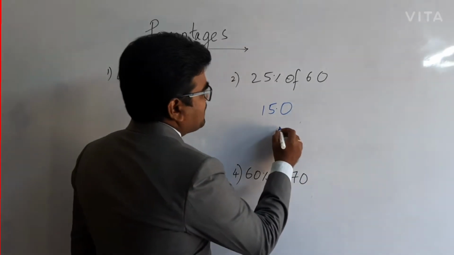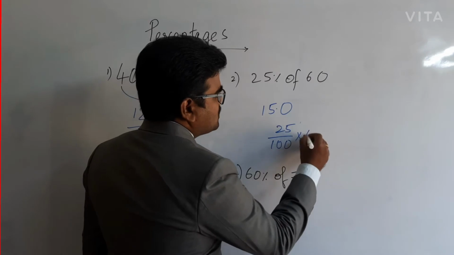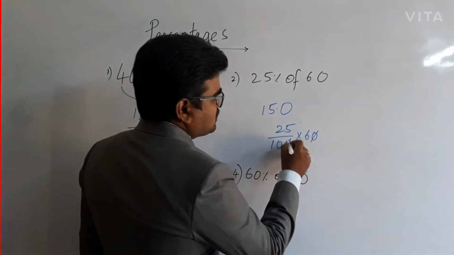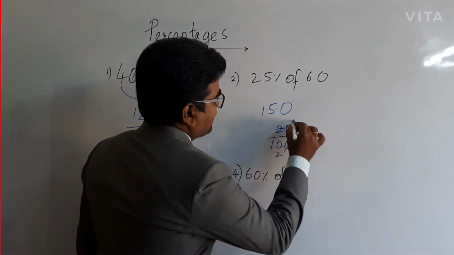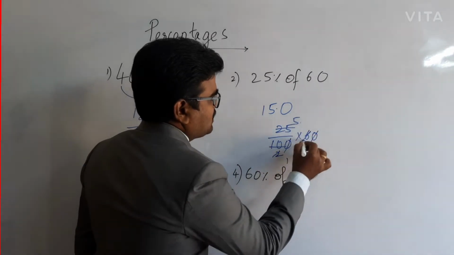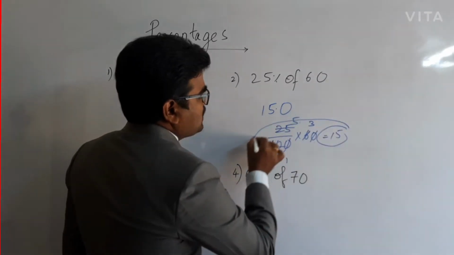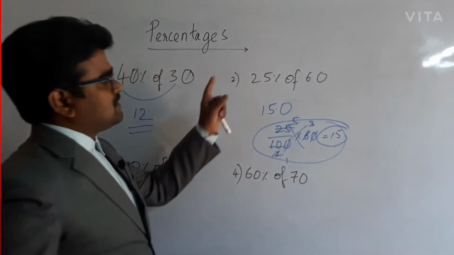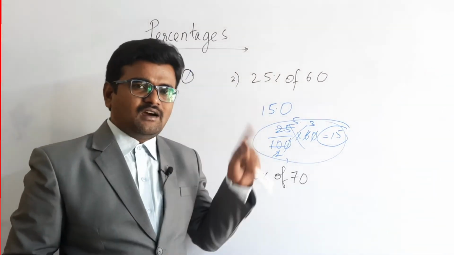Most people will do 25 by 100 into 60, cancel the zeros, and then cancel the 5s, 2s and so on, and again get 15. But rather than doing this, you can straight away multiply 25 with 6. Friends, we have understood this.